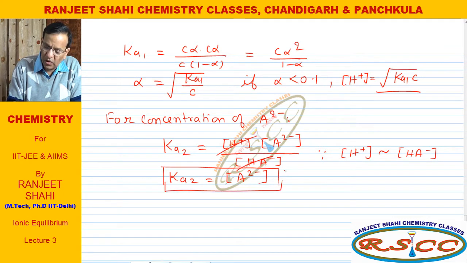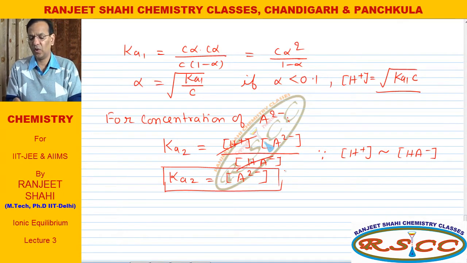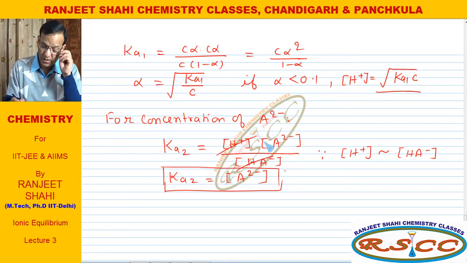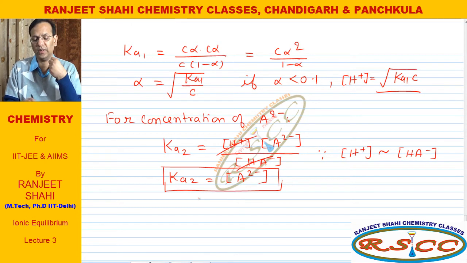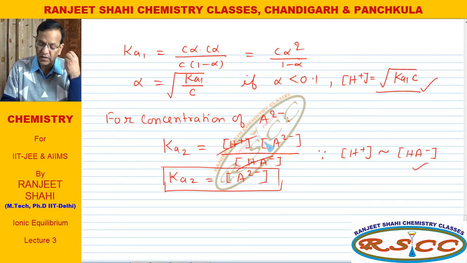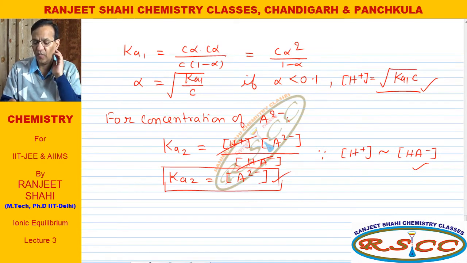So that is how we determine the concentration of A2 minus in the solution. So this is for pH, this is for concentration of A2 minus, and all these are based on the assumption that K2 is much smaller than K1.